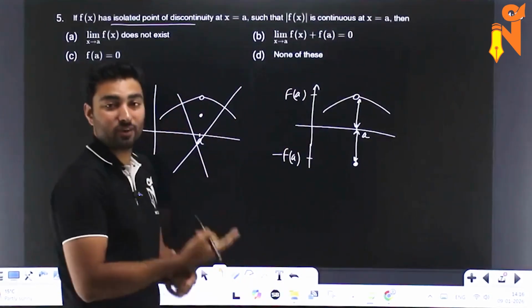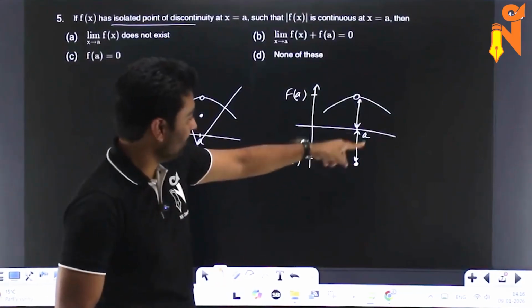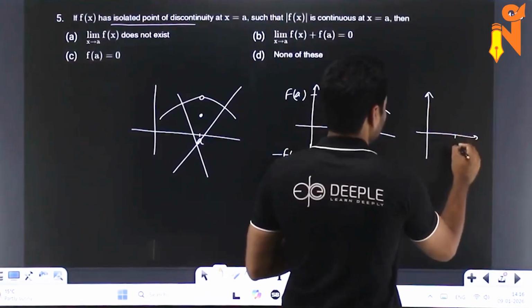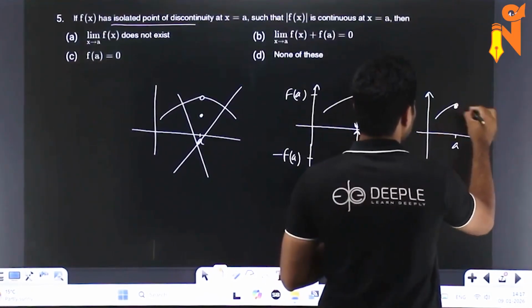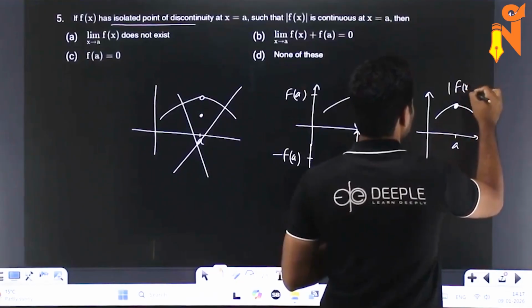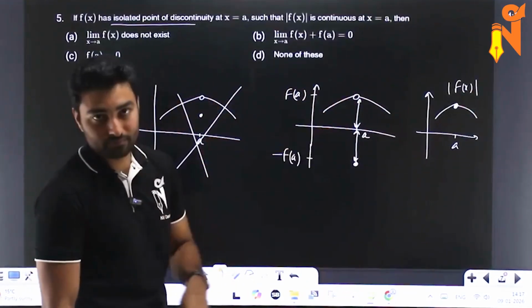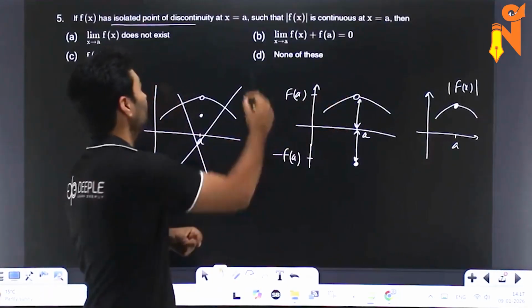In this condition only, mod of f x will be this: this point will come here and fulfill this discontinuity. So this will be the graph of mod f x. That means this should be equal to this, the y value. So obviously option B is correct.